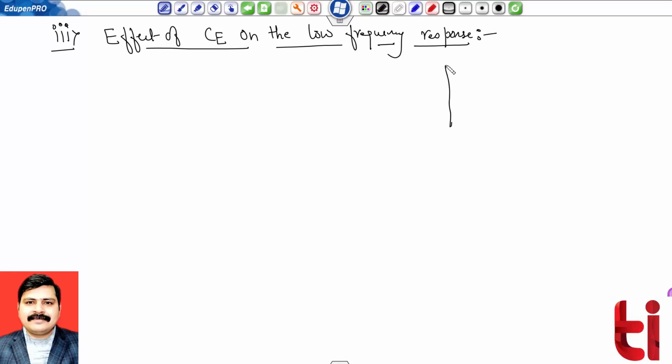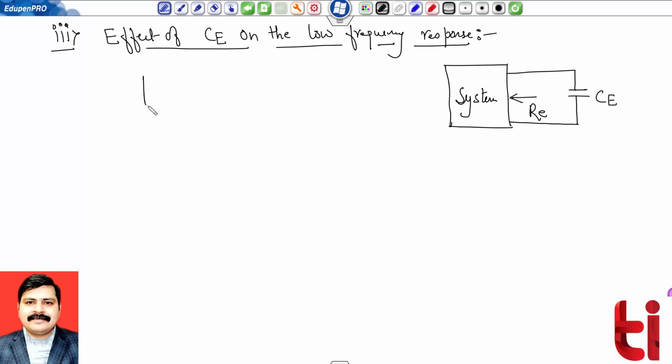If my system on the emitter side is represented like this, and I am looking at the measurement of effective emitter resistance Re, across which the bypass capacitor Ce is connected, then I want to check my effective lower cutoff frequency.